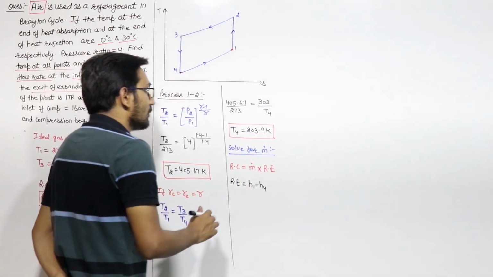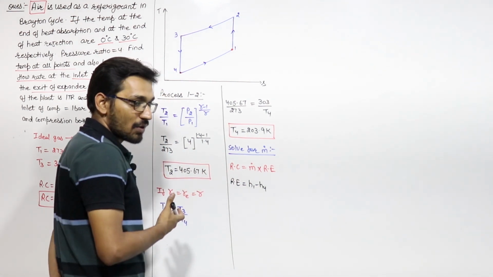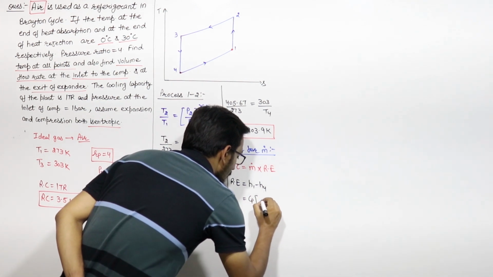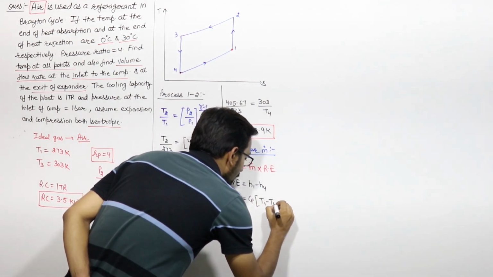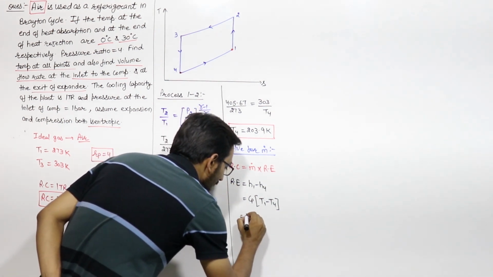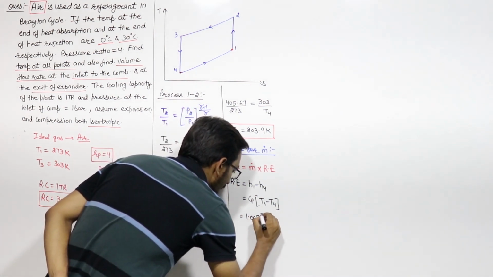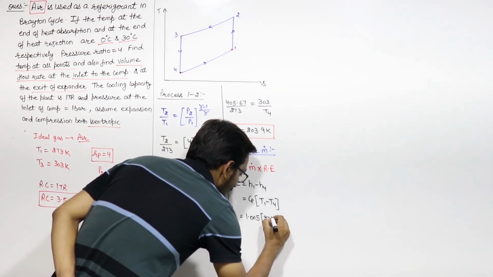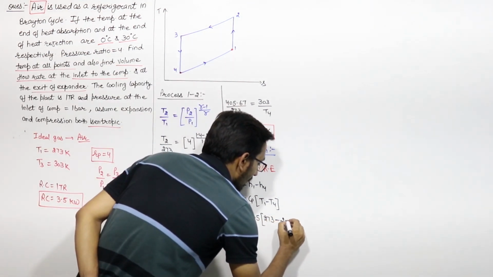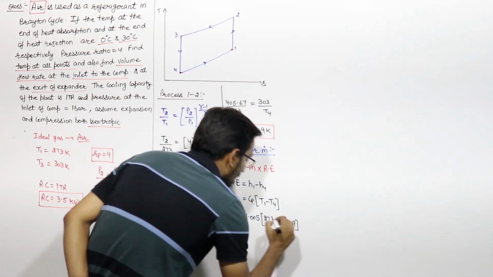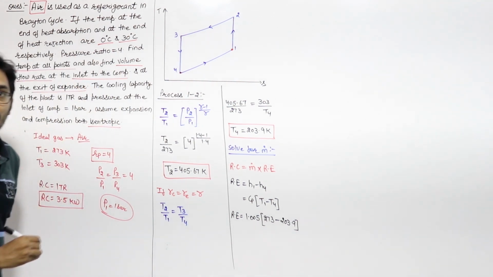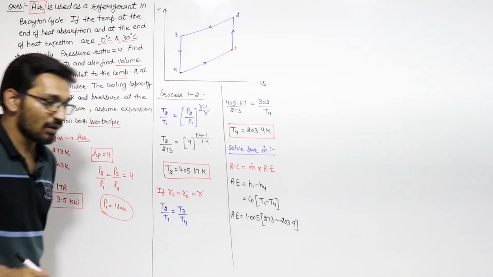So H1 minus H4, and this is a constant pressure process, so you can write this as Cp into T1 minus T4. Everybody knows the Cp for air, 1.005. T1 is 273, T4 we got 203.9. This is the refrigeration effect.